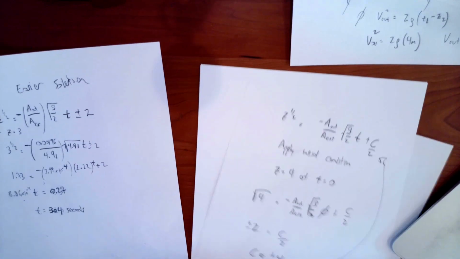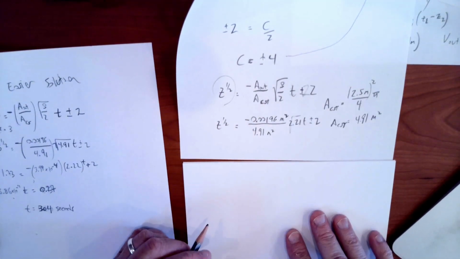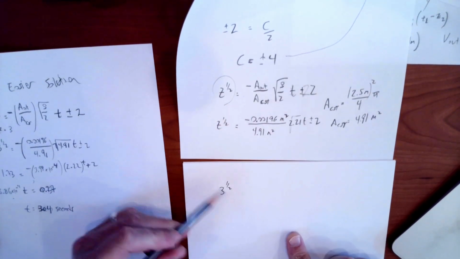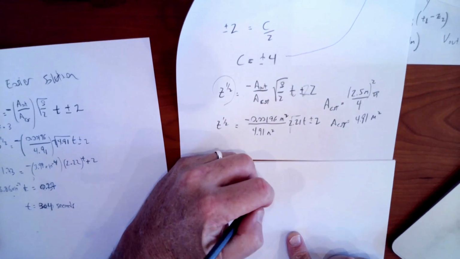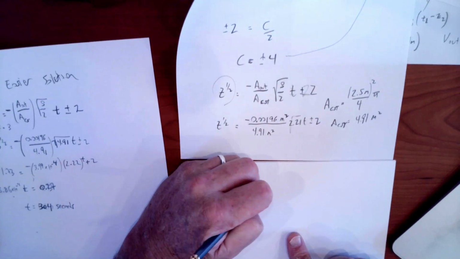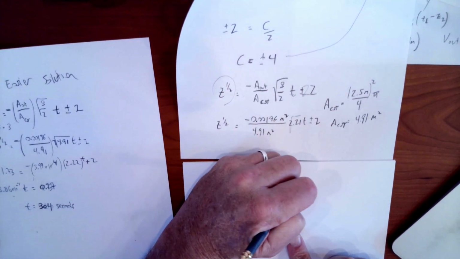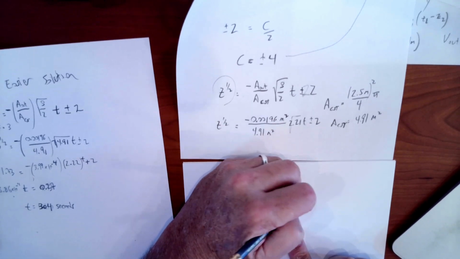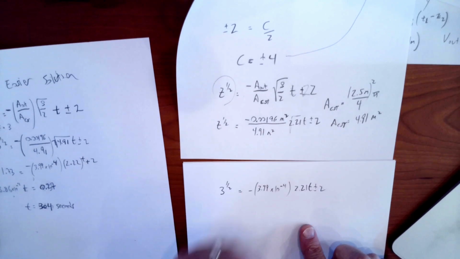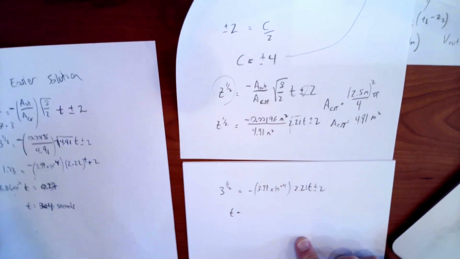So finally, on the left-hand side, I put in the 3 that I'm shooting for. So 3 to the 1/2, that's the height of z that I'm after, is equal to, when I do this math out, I get minus 3.99 times 10 to the minus 4 times 2.21 t plus or minus 2. And that's still with a t. And I want to solve that for t.